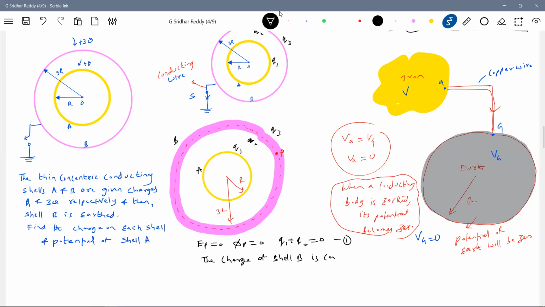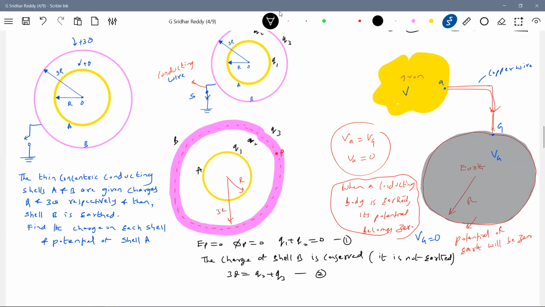What was the charge of shell B? 3Q. So 3Q should be equal to Q2 plus Q3. Equation 2, I got it.